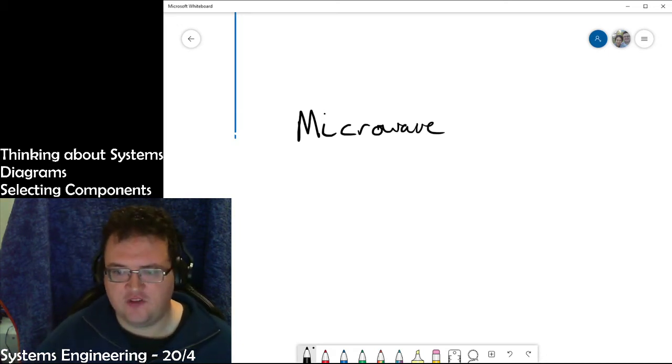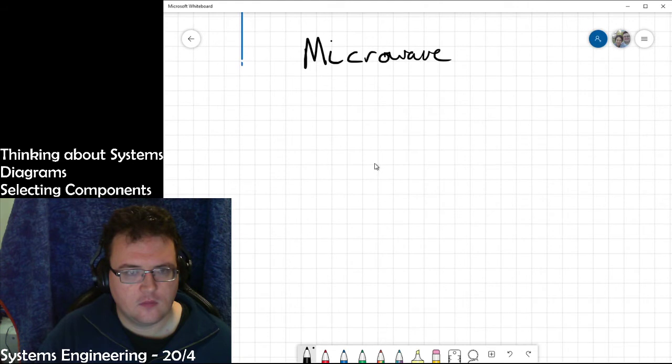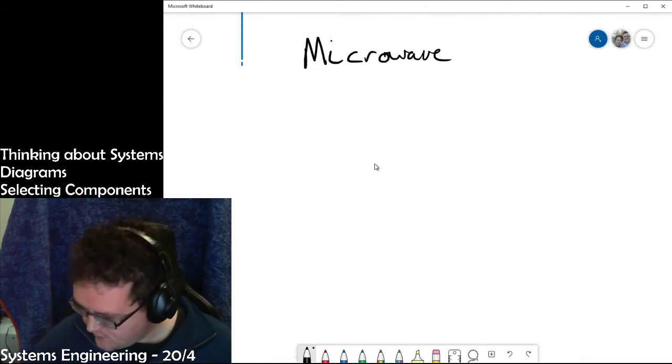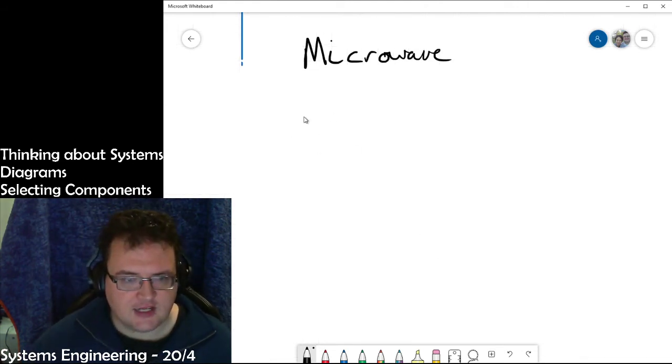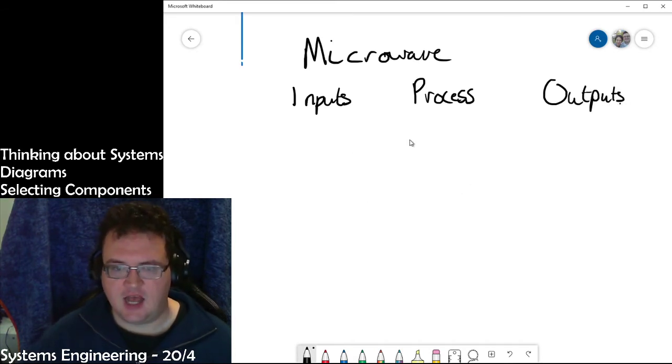extra components inside it as opposed to a toaster. So a microwave has our inputs, it has the process, and it has outputs.